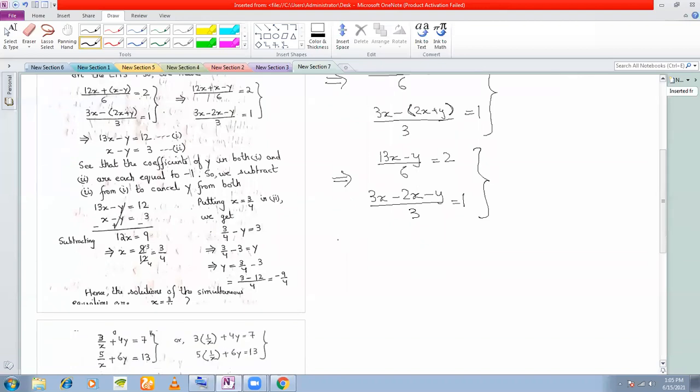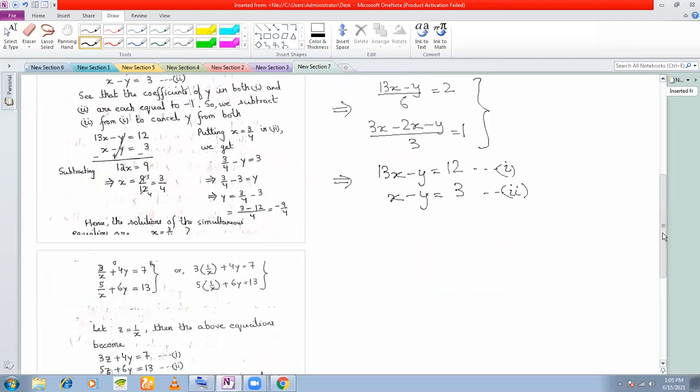Next you have, you cross multiply for the first equation, you get 13x minus y is equal to 12. And here you get 3x minus 2x, which is x minus y, and cross multiply you get 3. So now you have x and y on one side and you have the numbers on the other side.